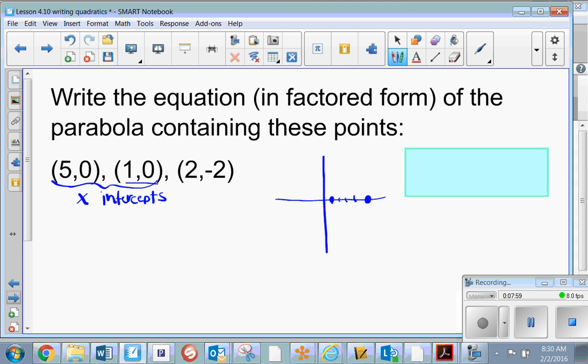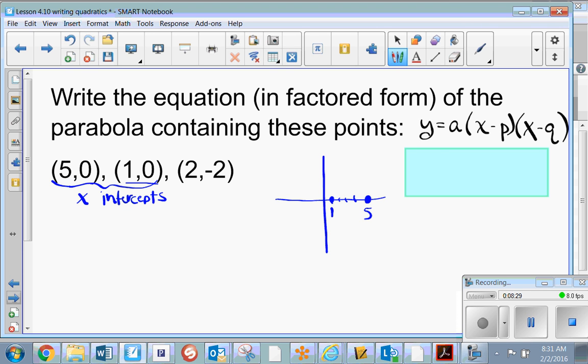Wait a minute, x-intercepts can be turned into factors. This is a 1, and this is a 5. That's my p and q in the factored form. So I can start writing my equation. Oh, you know, I didn't write the generic equation. It'd be better on your paper, but it's y equals a, parentheses, x minus p, x minus q.